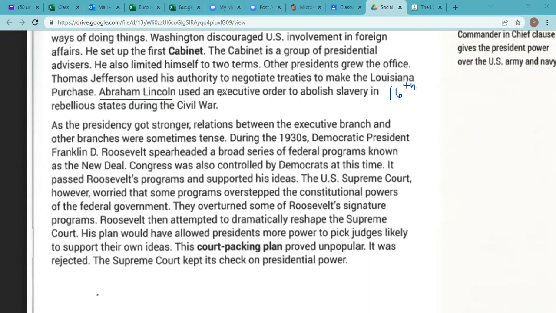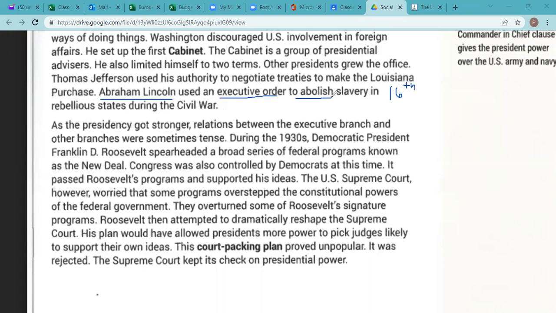There are times when the president can use an executive order. They have to be sure they can back up their decisions so they do not get into trouble. But he did make this executive order to abolish slavery, and the word abolish means to end.